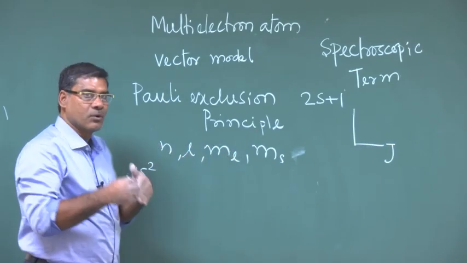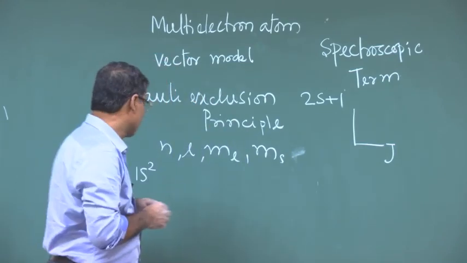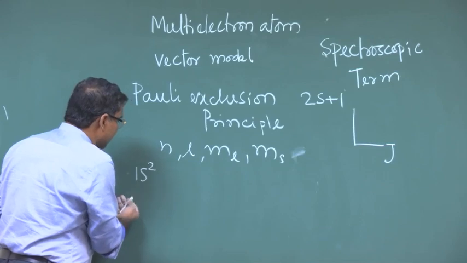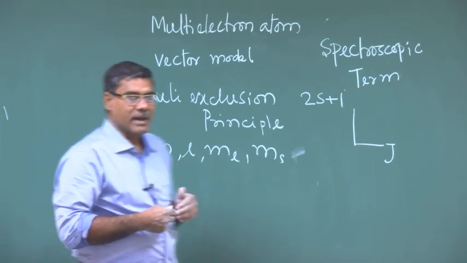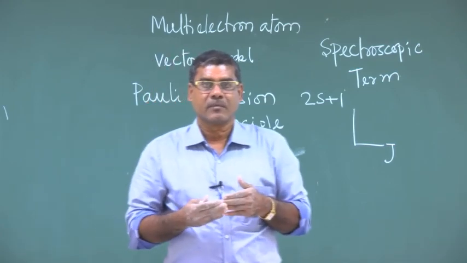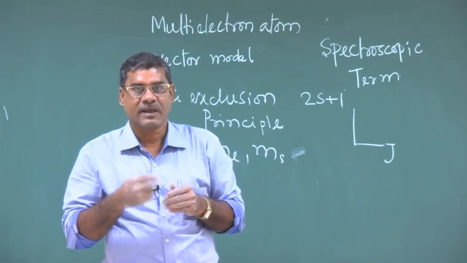So, then I have to go to the higher energy level, n equal to 2. Okay. So, why do I need n equal to 2? Because if I have more than 2 electrons, then where will I put them?